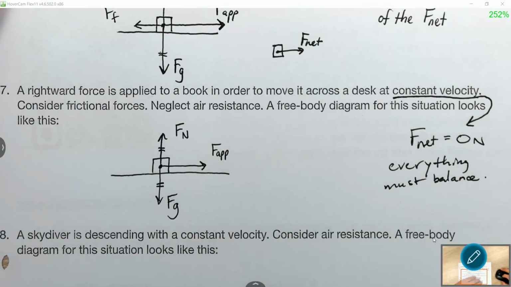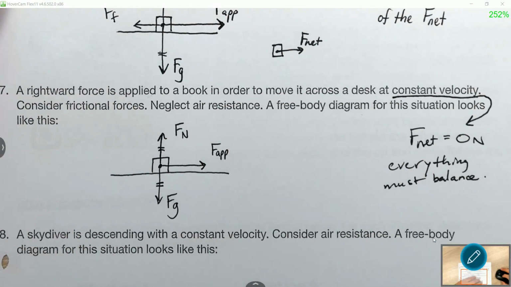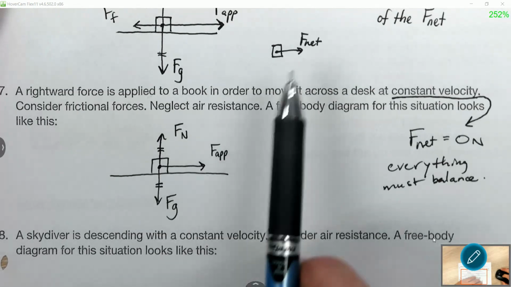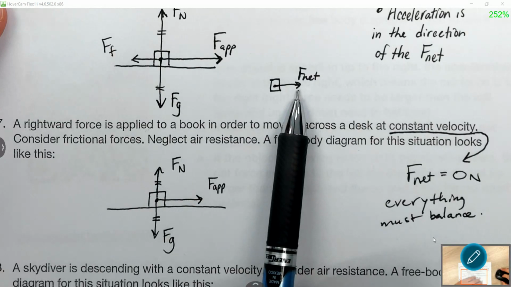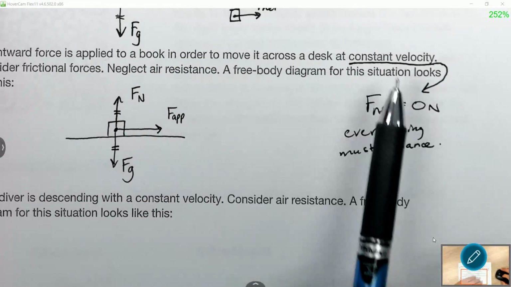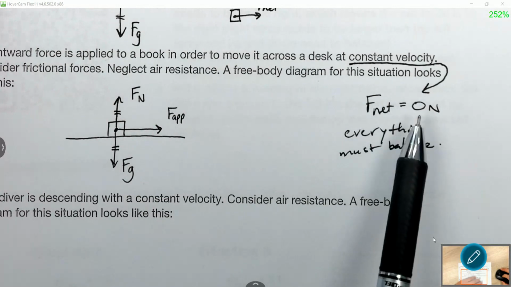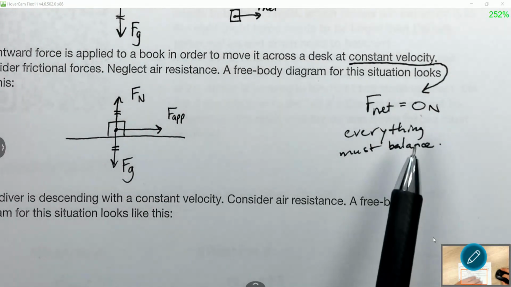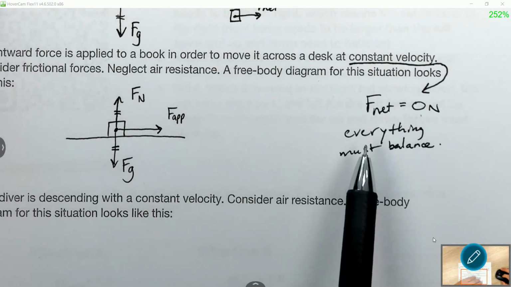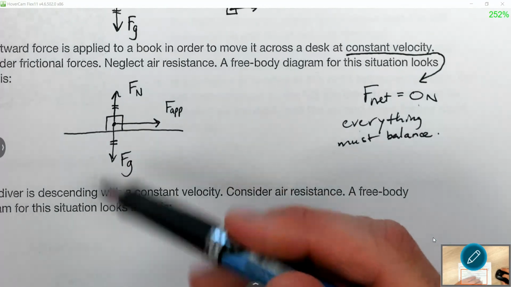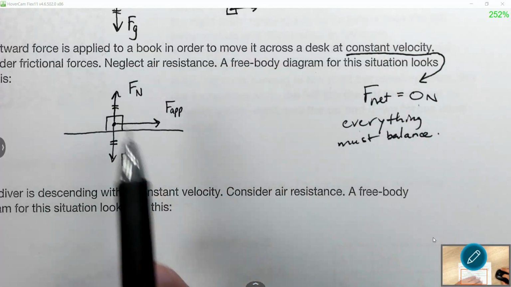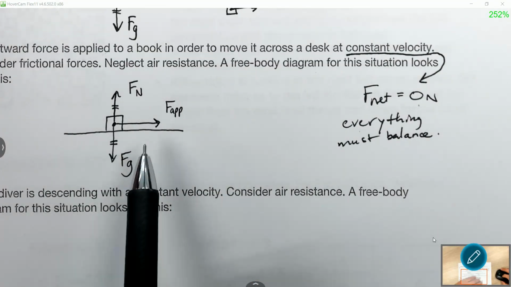Now, how would I draw in the friction arrow? Same size, bigger, or smaller? Well, if it's smaller, then it would be just like this one, and it would have a net force and accelerate to the right. We just said constant velocity means the net force is 0. So if the net force is 0, everything must balance, which means the top and bottom arrows need to be the same size and balance, and so do the left and right.